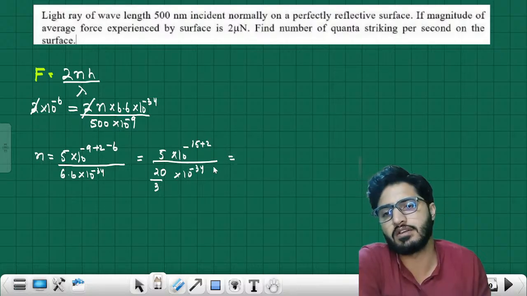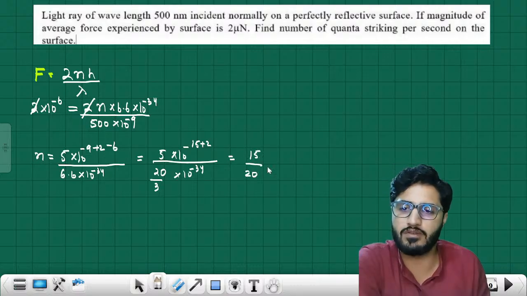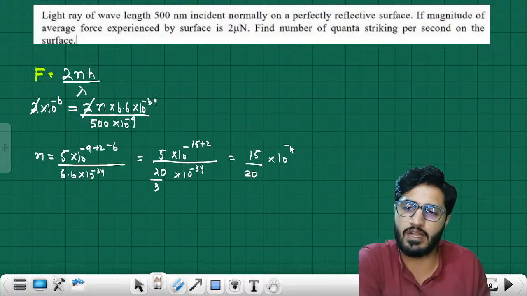So I will write here 15 by 20, 10 to the power minus 13 plus 34. 5 3s are 15, 5 4s are 20. It will be 3 by 4.